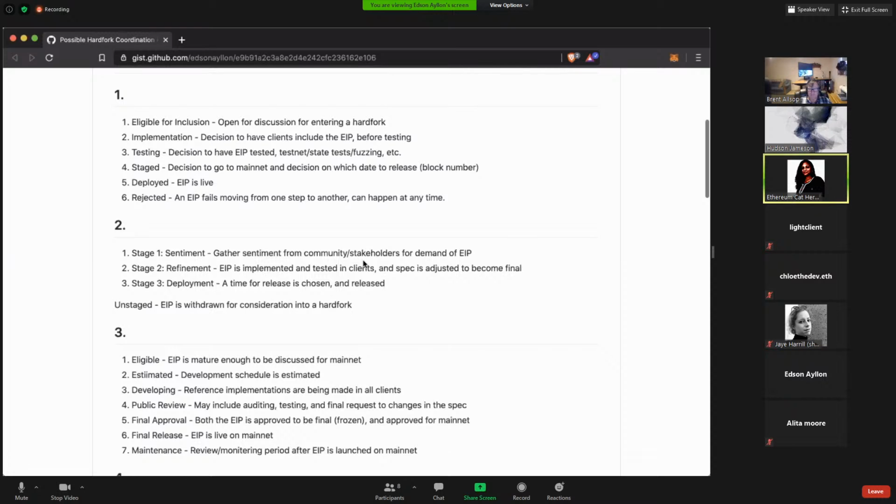My question is, an EIP would be undergoing the EIP process in the first place, and at the same time in parallel it will also be moving across the hard fork coordination process. So would these hard fork coordination statuses be added in addition to the EIP status in the header of an EIP, or how are we planning to consider this?